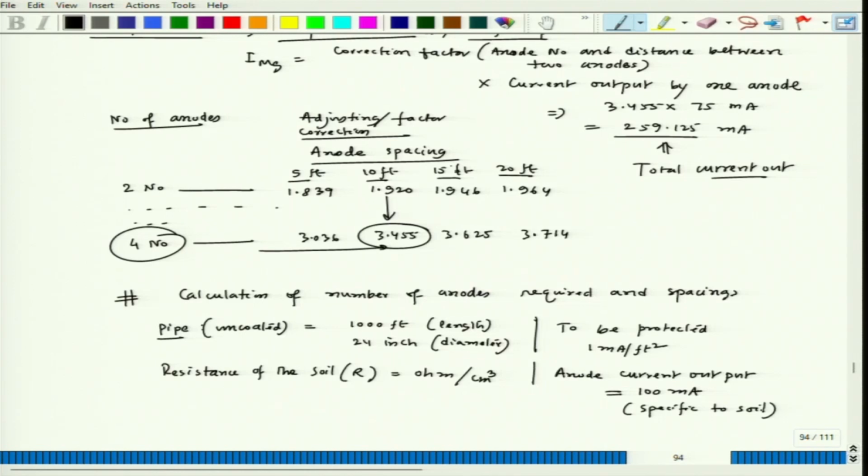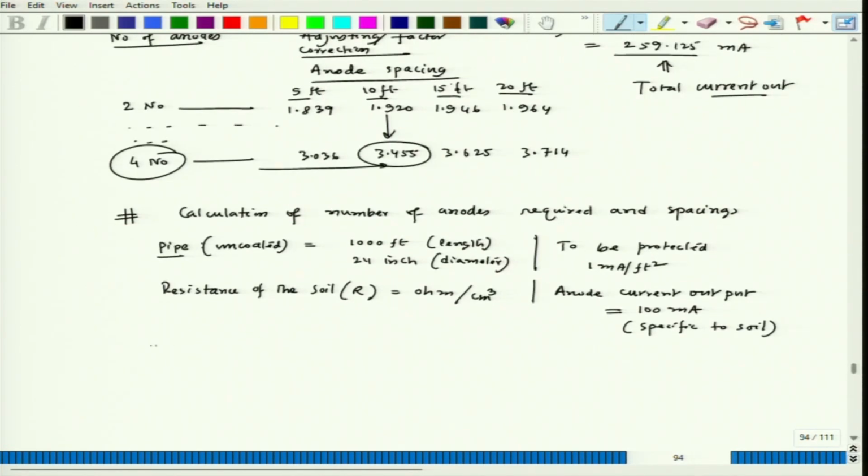So, this is the current output. So, we can calculate the number of anodes. First we have to find out the area and total current requirement. So, we have to calculate the number of anodes and spacing for this specific current density that is to be supplied to the pipe.